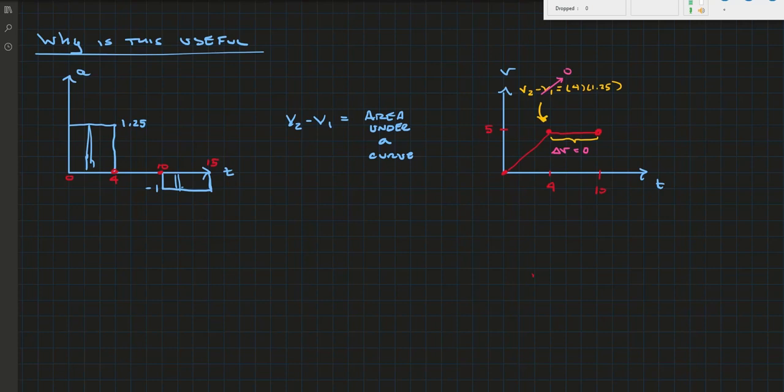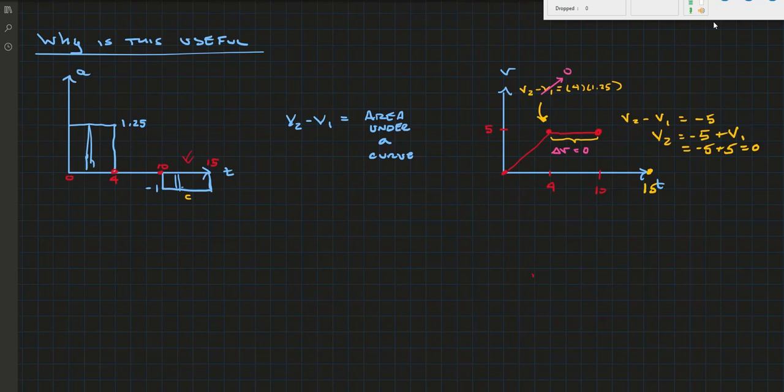So now we're here, and we want to figure out where we're going to go from there. So we now look over here at our curve, and we see that 5 times minus 1 is minus 5. So essentially what we've got going on then, v2 minus v1, or again, since we're going to look at this region now, v2 minus v1 equals minus 5, or v2 equals minus 5 plus v1 equals minus 5 plus 5 equals 0.